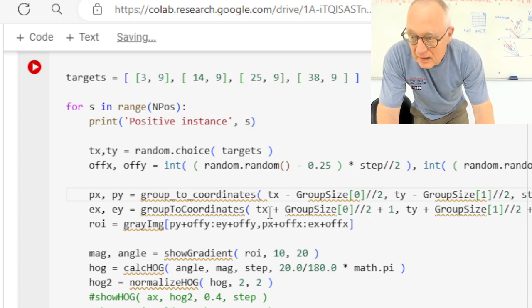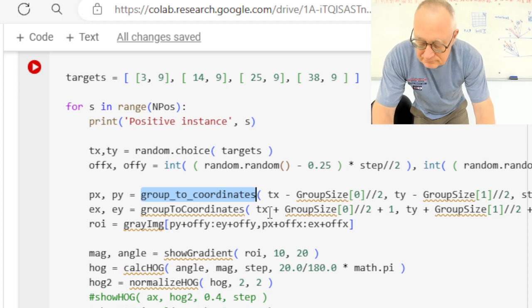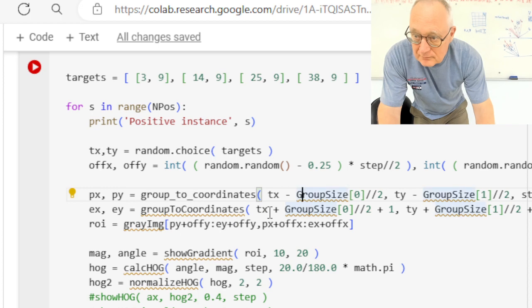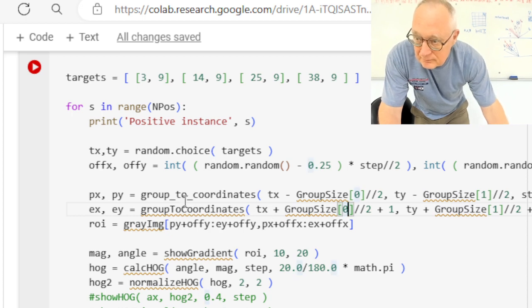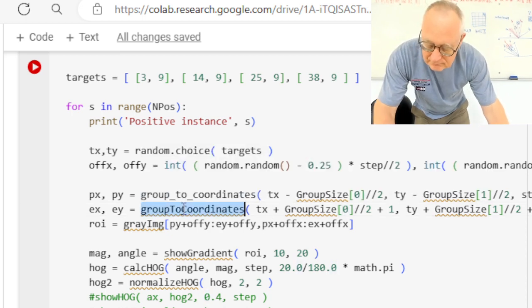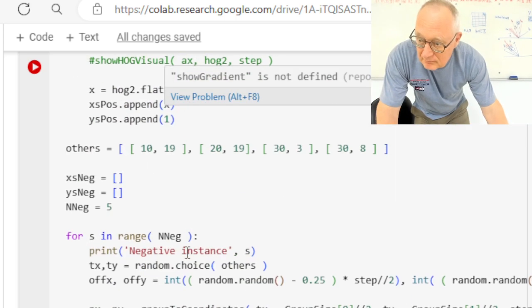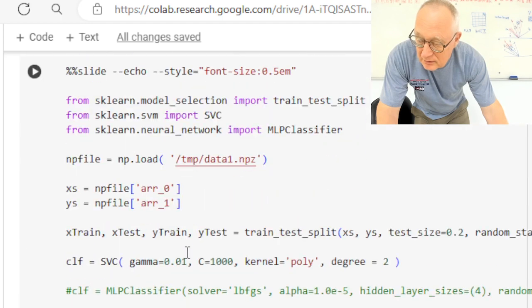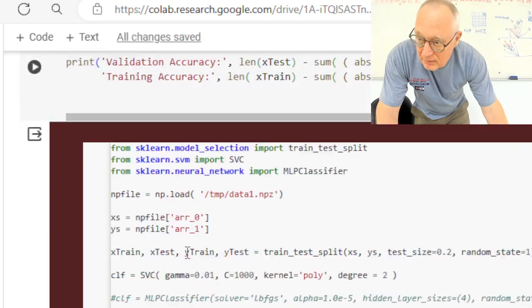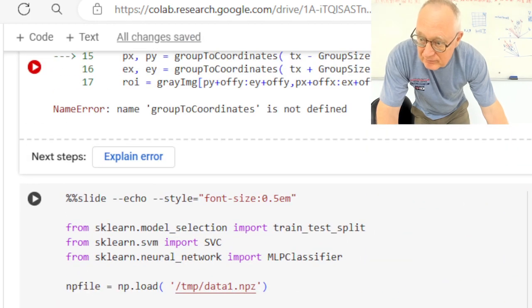So here we just need to. Yeah, so then here, the same thing.